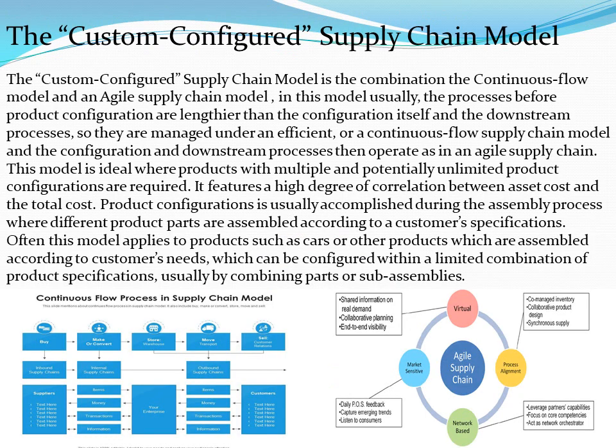The next model, the custom configured supply chain model, is the combination of the continuous flow model and an agile supply chain model. In this model, usually, the processes before product configuration are lengthier than the configuration itself and the downstream processes, so they are managed under an efficient, or a continuous flow supply chain model, and the configuration and downstream processes then operate as in an agile supply chain.